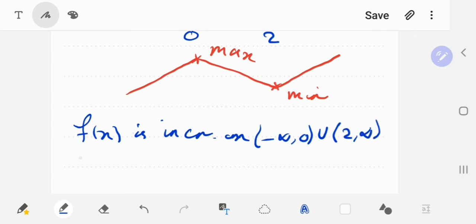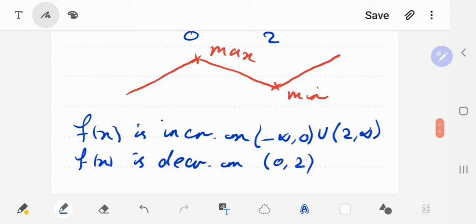And f of x, again, will be decreasing on 0 to 2. And it doesn't make a difference actually when you are describing increasing and decreasing if the intervals are open or closed, because we are describing the behavior of the function. So it does increase from here to there. So if it's defined at 0 or 2 or not, that does not make a big difference. The function will still be increasing or decreasing.